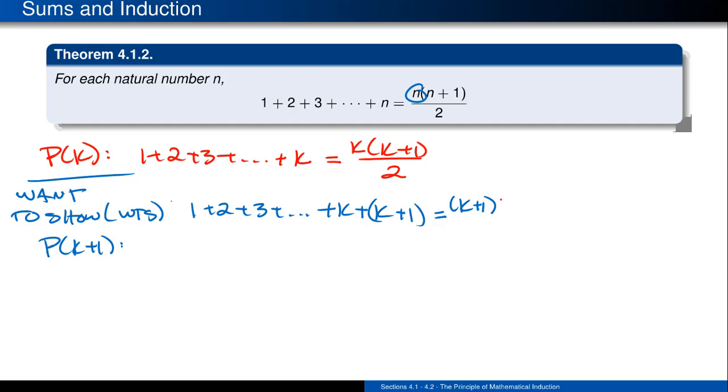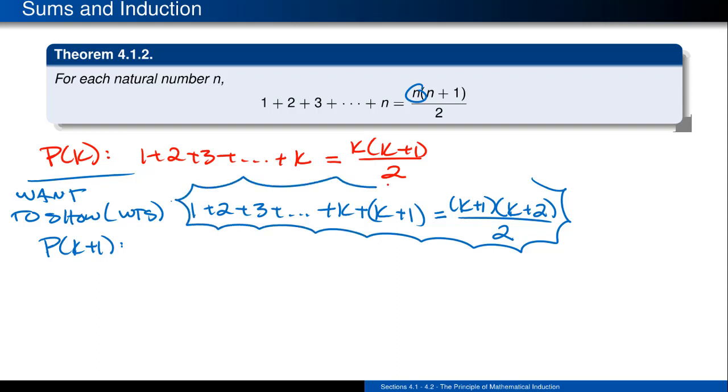That little n becomes a k plus 1. And then if I plug in k plus 1 into that thing, it's going to be k plus 1 plus 1, which is actually a k plus 2 all over a 2. So that's going to be my goal to get to this particular stage. That's kind of my big goal.